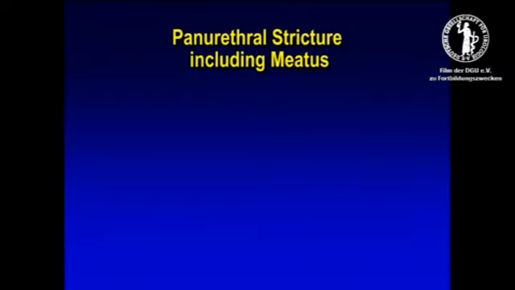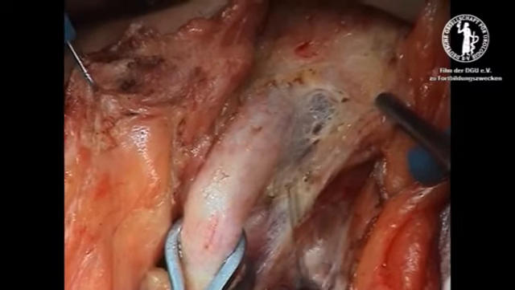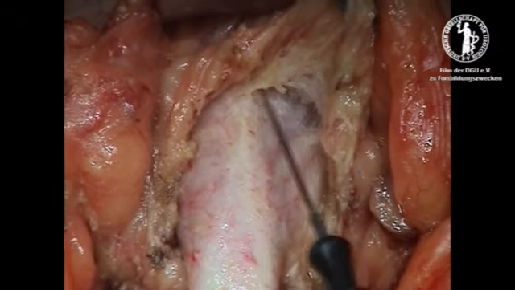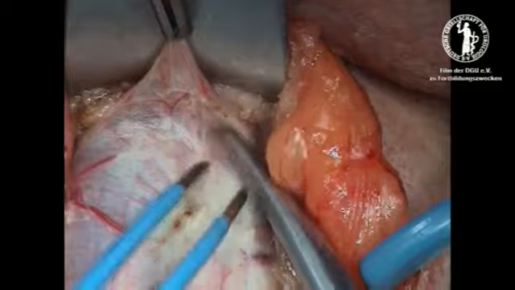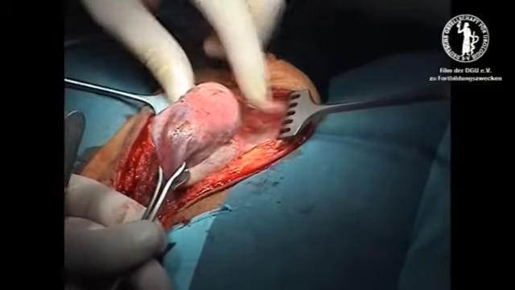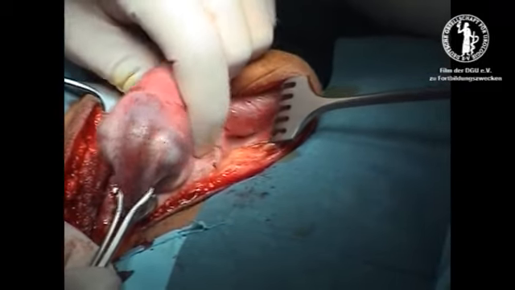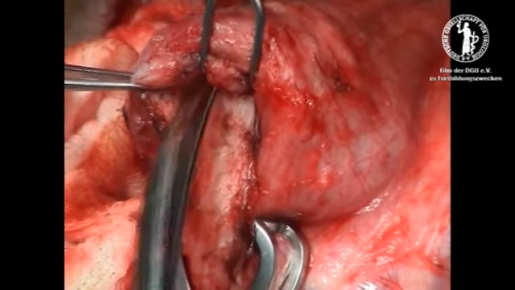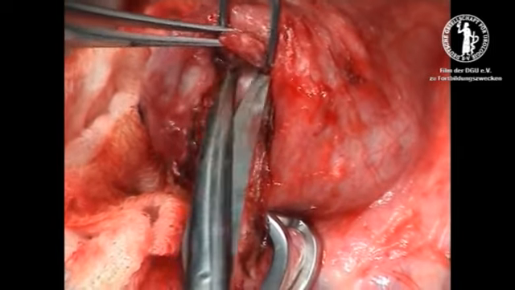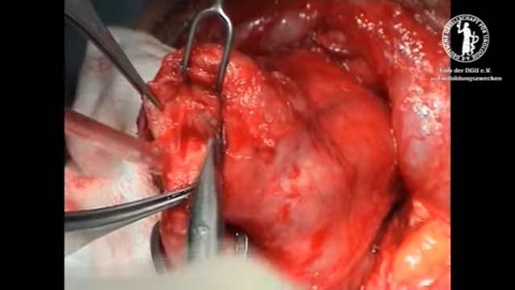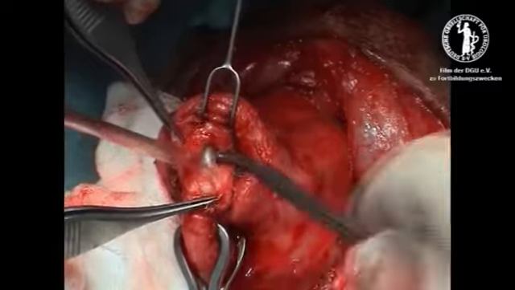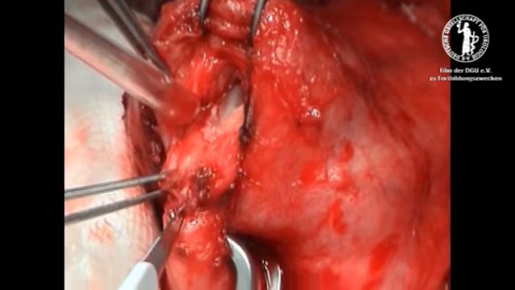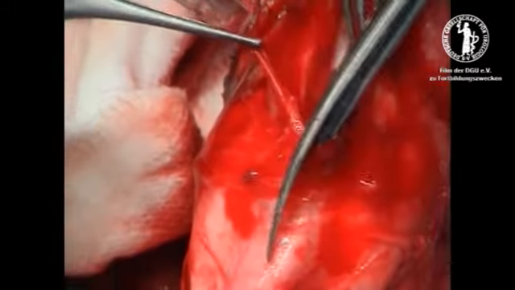In case of panurethral stricture, we perform a 5 cm perineal incision, dissect the complete urethra and pull the penis through the perineal incision. In case of panurethral stricture including the meatus, we use the same technique as for the distal urethral stricture reconstruction. Opening of the complete urethra and calibrating both ends by 30 French bougie.